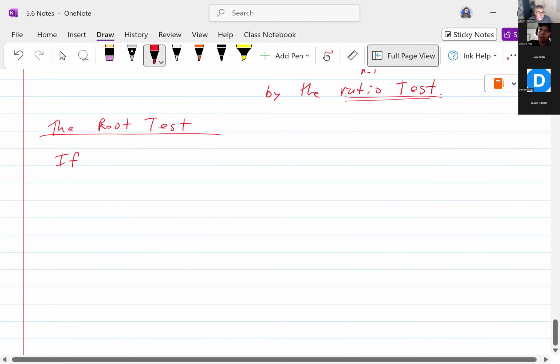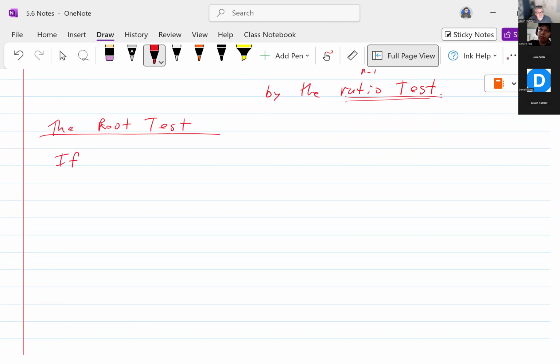Very similar to the ratio test, but it's for the nth root. Square roots, cube roots, fourth roots, 25th roots.